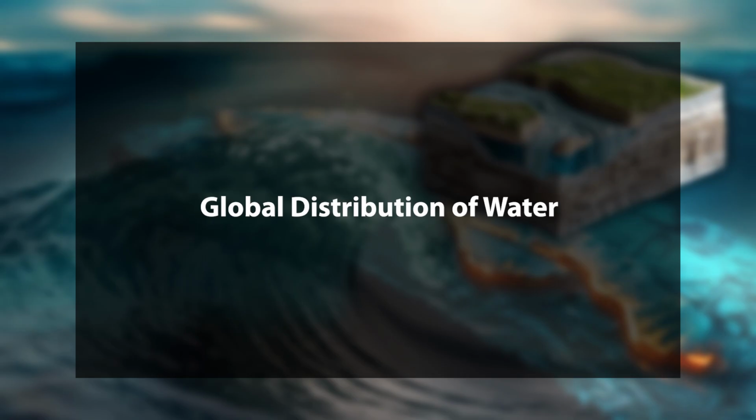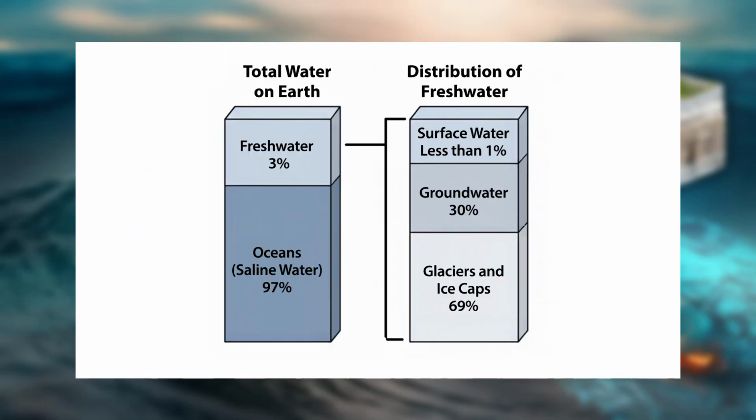So far as global distribution of water is concerned, although water appears abundant on Earth, its distribution is highly uneven. The ocean stores over 97% of all water as saline water. Only about 3% is freshwater. Of this freshwater, nearly 69% is locked in glaciers and ice caps.